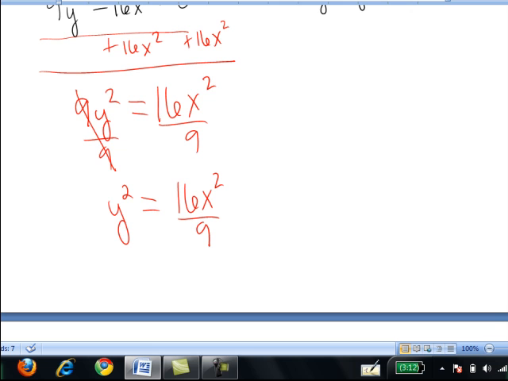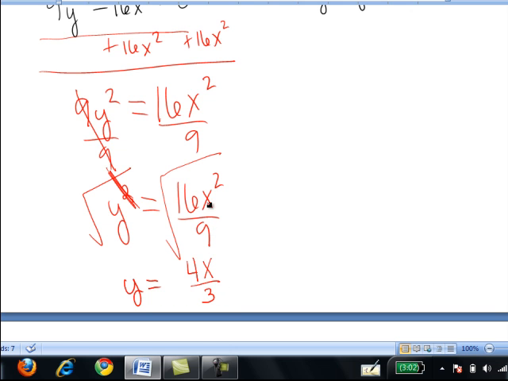To get the equation solved for y, I need to take the square root of the left side and the square root of the right side. The square root of y squared, the square root and the square cancel, leaving just y. And on the right side, I have to take the square root of all of this. That'll be the square root of 16, which is 4, square root of x squared, which is x, and square root of 9, which is 3.